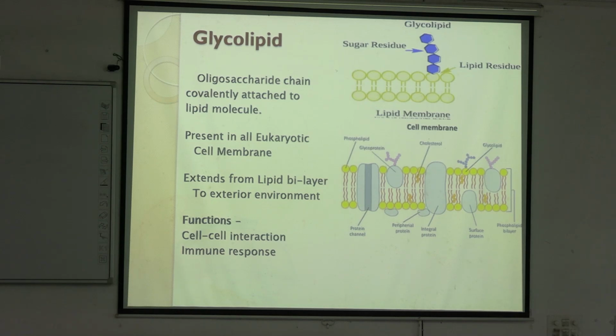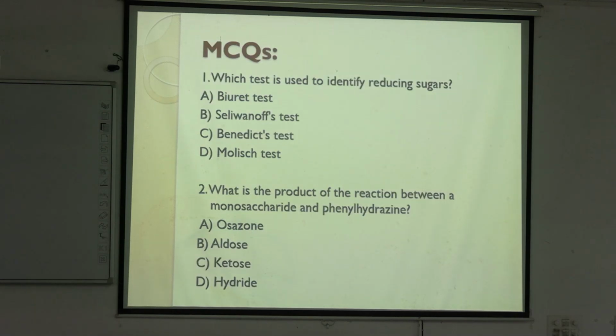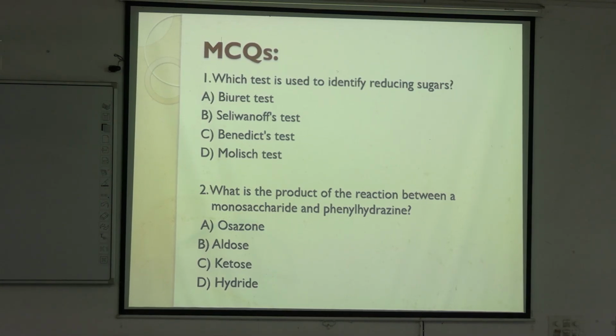Okay, quickly tell me, which test is used to identify reducing sugar? One by one. You, last bench, say. Benedict's test. Why? Why is Benedict's test used to identify reducing sugar?